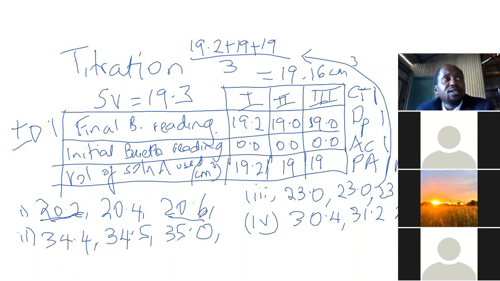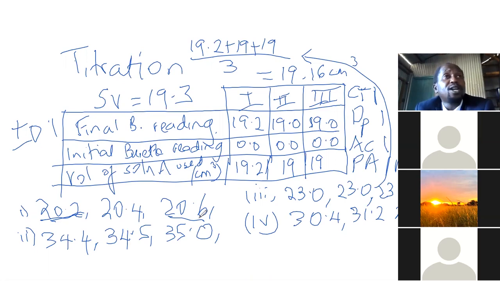We look at the second set of values, 34.4, 34.5, and 35.0. Now there, we only have 2 values that are consistent. In titration, consistency is simply values that are a maximum of plus or minus 0.2 from each other.